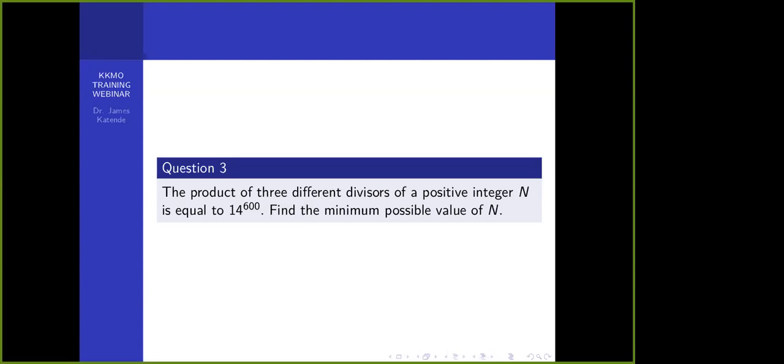My idea is that one of the divisors is a power of 2, another is a power of 7, and the other one is either a power of 2 or a power of 7. But I don't know. That's where I've reached.